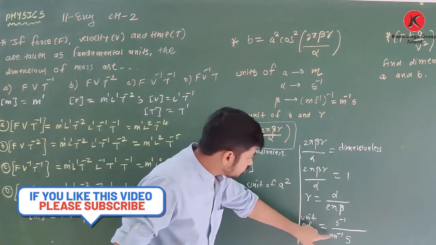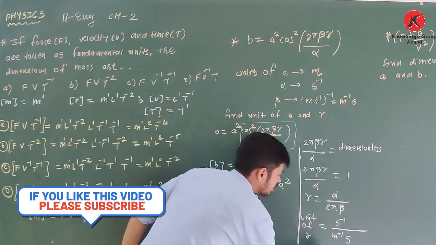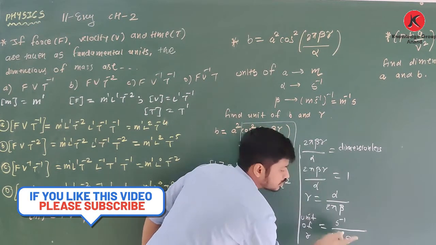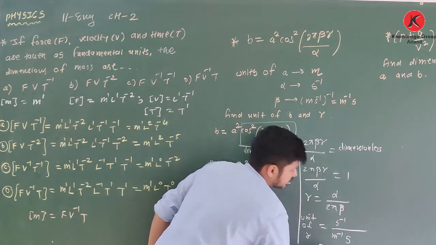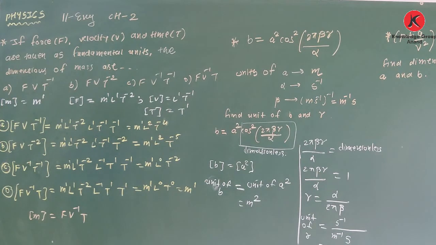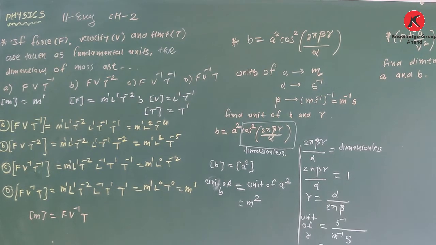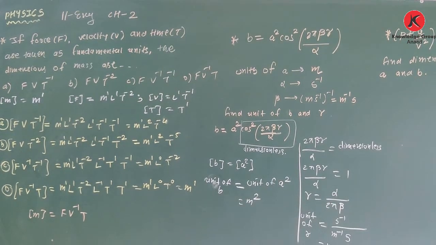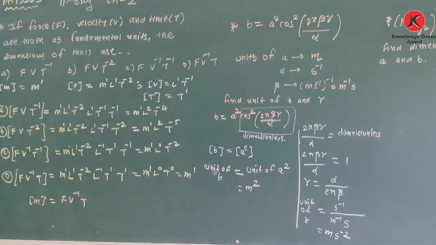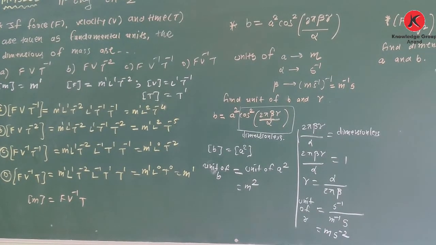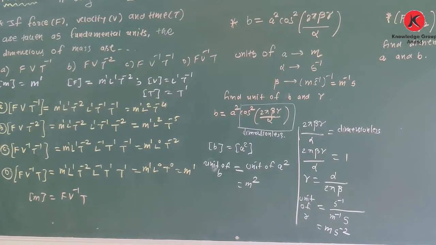Now if I take this meter inverse to the numerator, it will become meter. Second will become negative, so it is second to the minus 2. Clear about this? So yes, it is one easy question where you have to find the unit of b and gamma.